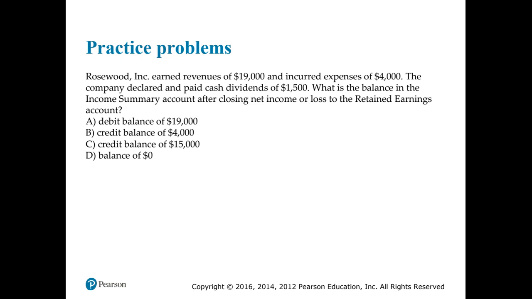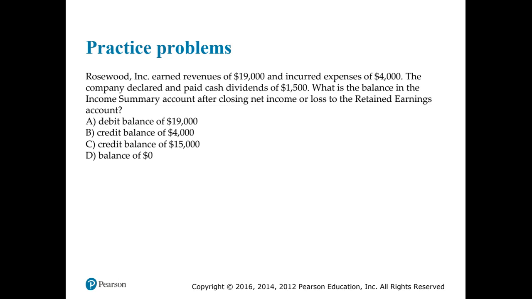So Rosewood earned revenues of $19,000 and incurred expenses of $4,000. The company declared and paid cash dividends of $1,500. What is the balance in the income summary account after closing net income or loss to the retained earnings?